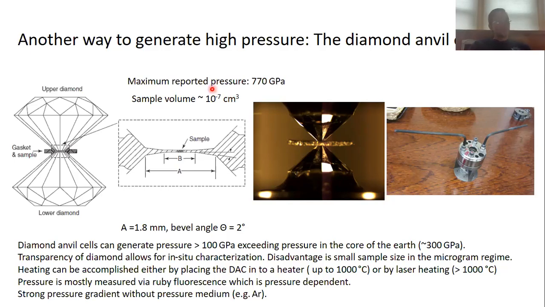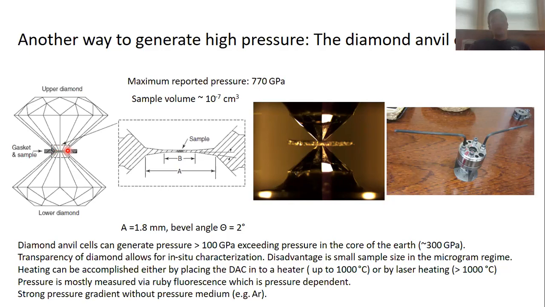Okay, so within such a diamond anvil cell, as you see it here from the outside, you actually have two diamonds that act as anvils. And these two diamonds have certain culet sizes, which are in the order of up to a few millimeters.